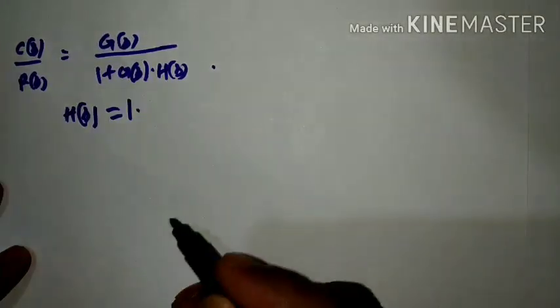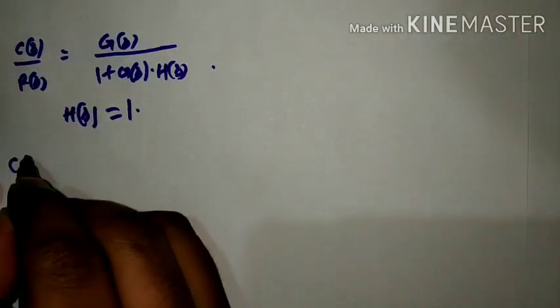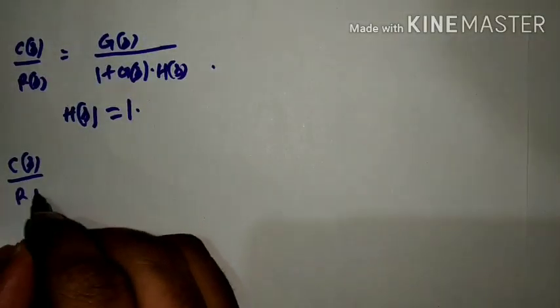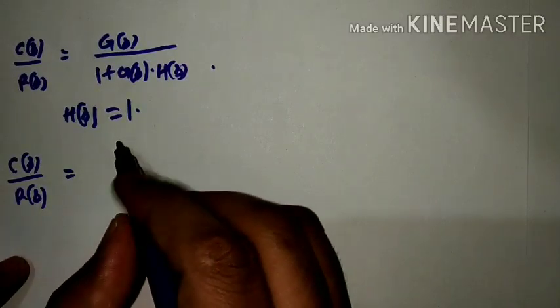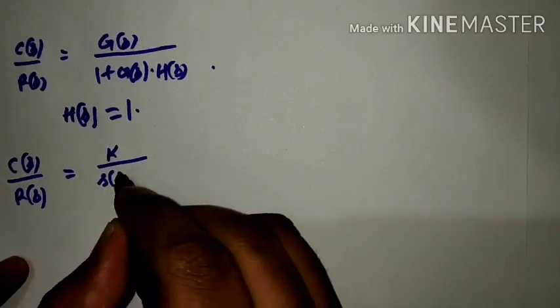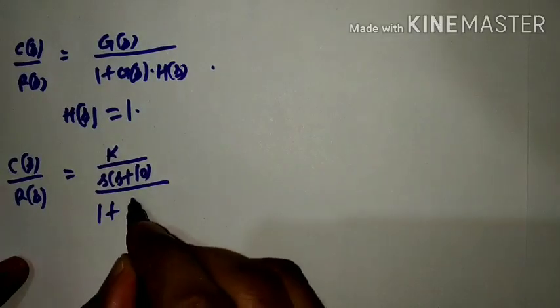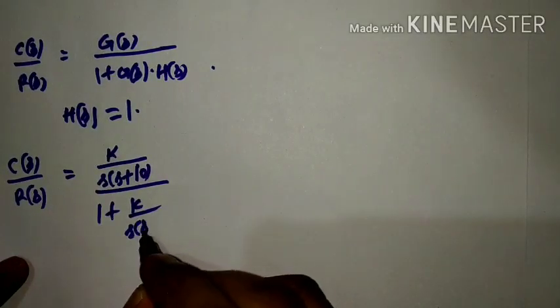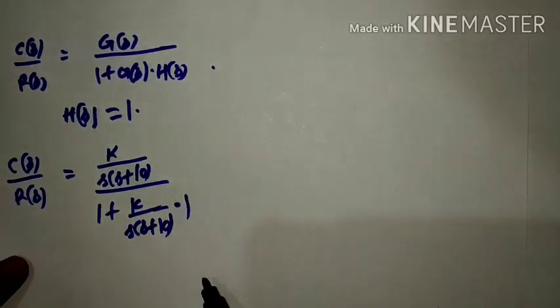So substituting, C of s by R of s is equal to K by s into s plus 10, divided by 1 plus K by s into s plus 10.